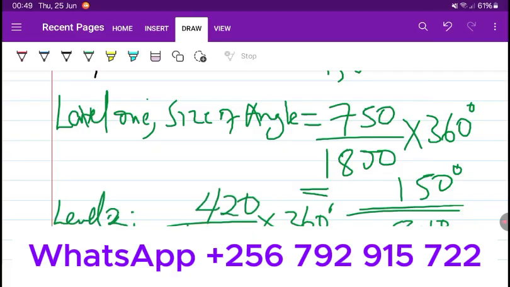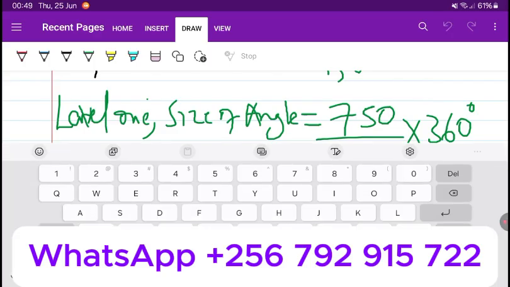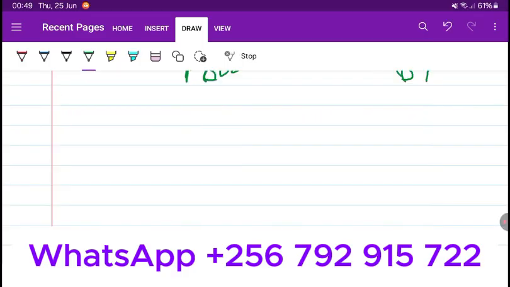And of course, we compute the last one for level 3. The total number of students in level 3 were 630 divided by the total number of students in the institute of 1800, then times the 360 degrees. We are still looking for the angle.